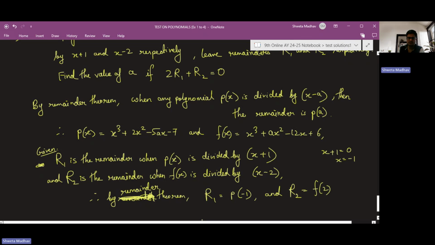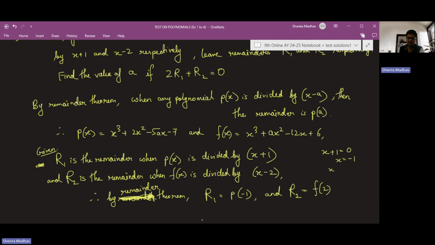Since why? When f of x is divided by x minus 2, if I equate x minus 2 with 0, then x will be equal to 2. So it means that the remainder when f of x is divided by x minus 2 will be f of 2. So R1 is P of minus 1 and R2 is f of 2.